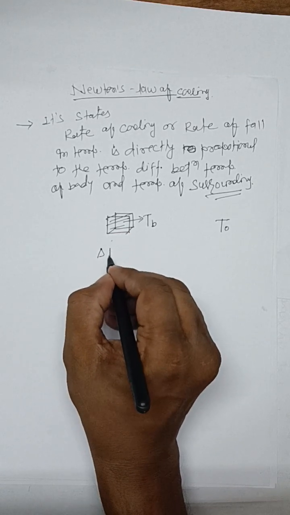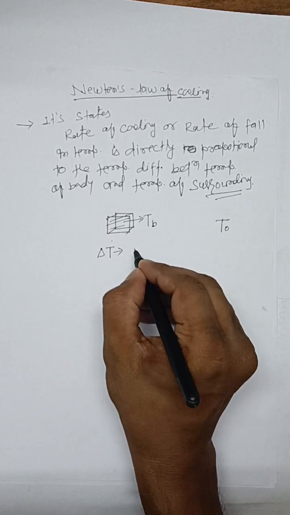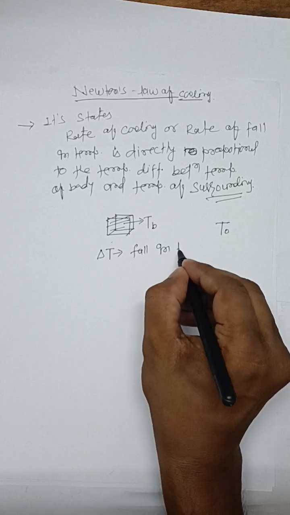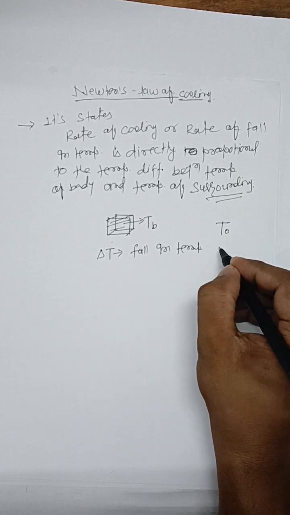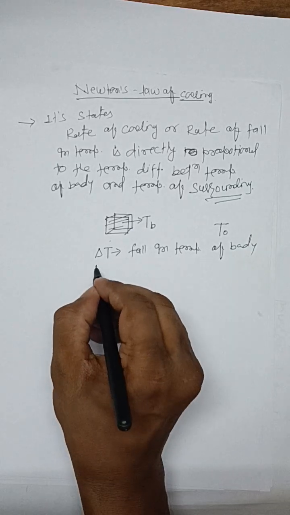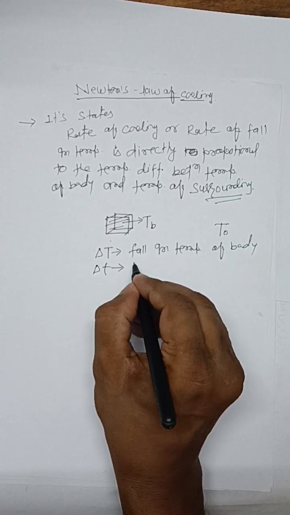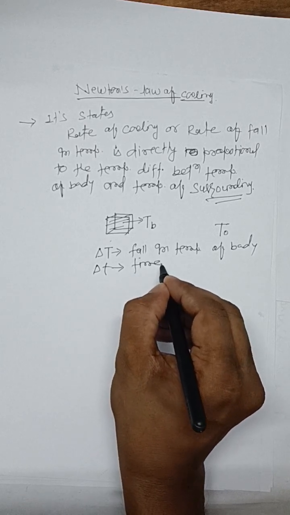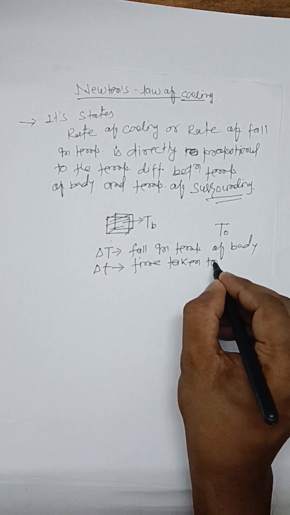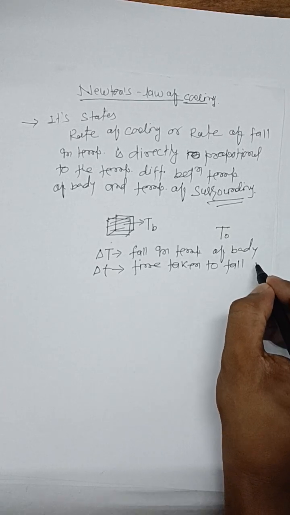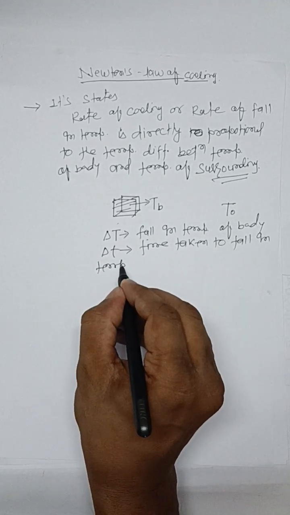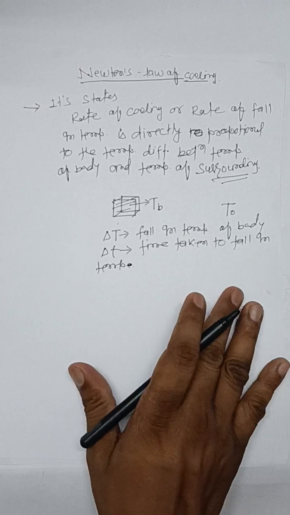Del T is the fall in temperature of the body, and del t is the time taken to fall in temperature.